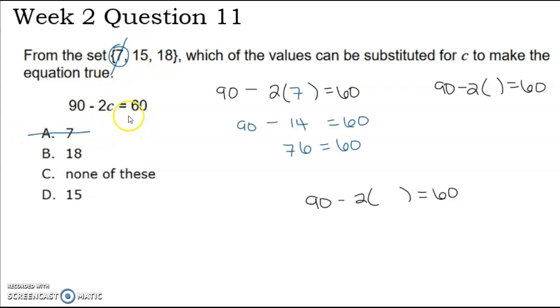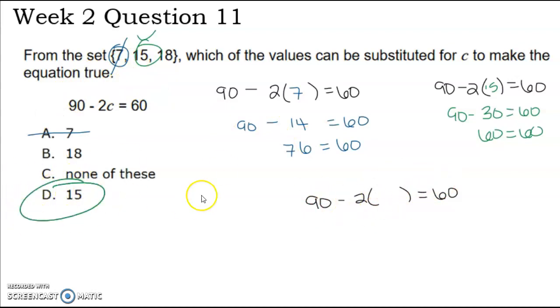So it's not A. Okay, let's try 15. 90 minus 2 times 15 is 30. Hey, 90 minus 30 is 60. So it definitely is 15. 15 checks out. Now, I'm going to show you, we don't even have to figure out what 18 is because I know it's not true. I know my answer has to be 15.